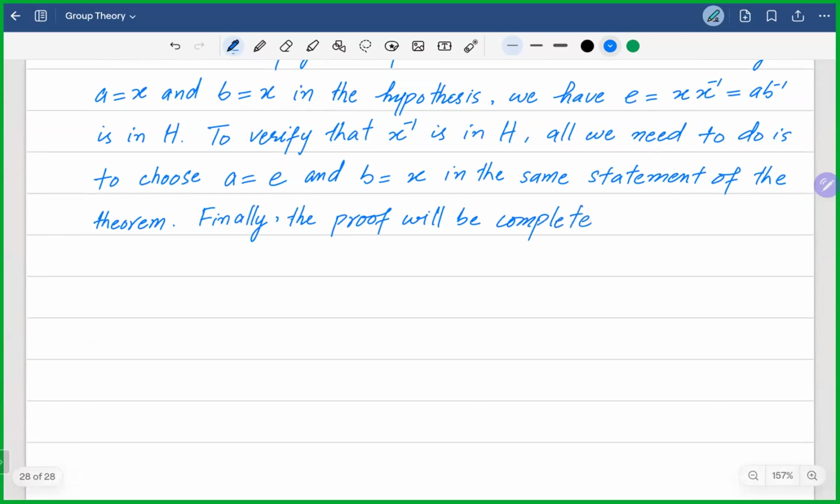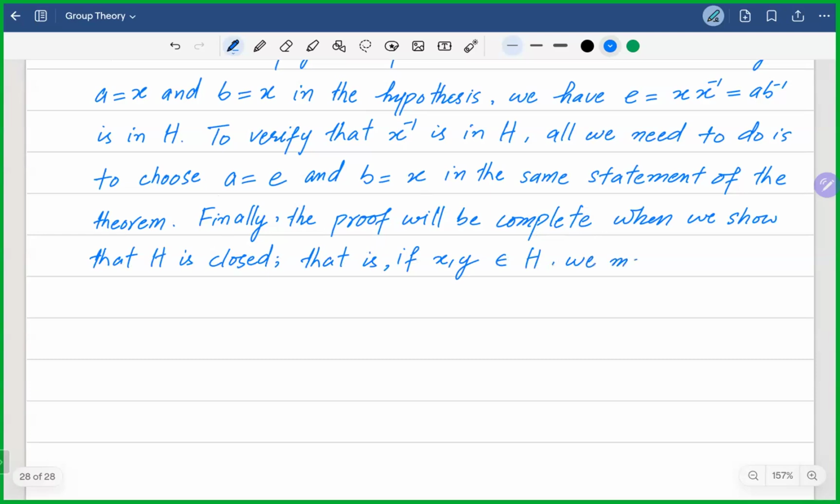Now finally, the proof will be complete when we show that H is closed. That is, if x, y belong to H, we must show that xy is in H also.